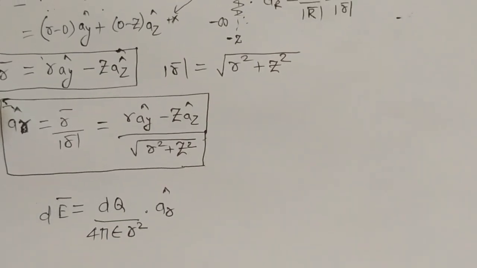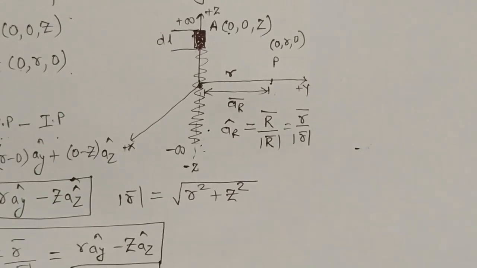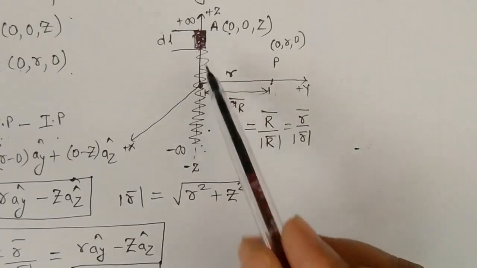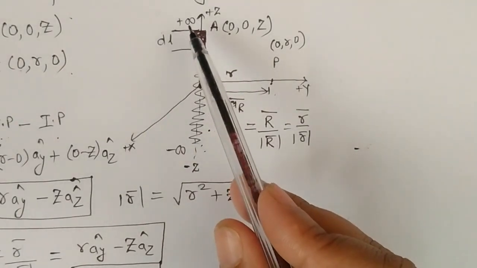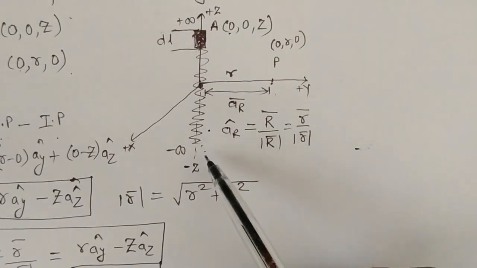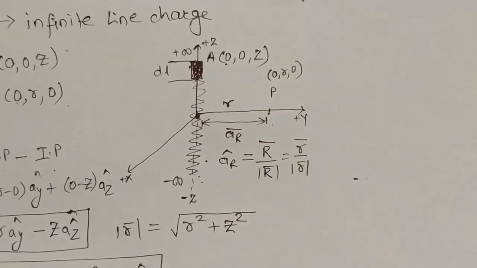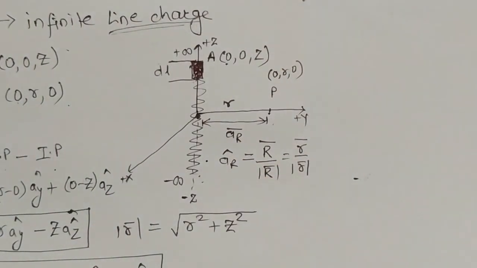Now again we go back to our situation. What is our situation? We have an infinite length of conductor whose length varies from minus infinity to plus infinity, and along this infinite length of the conductor we distribute the charge, and that charge distribution is known as line charge.